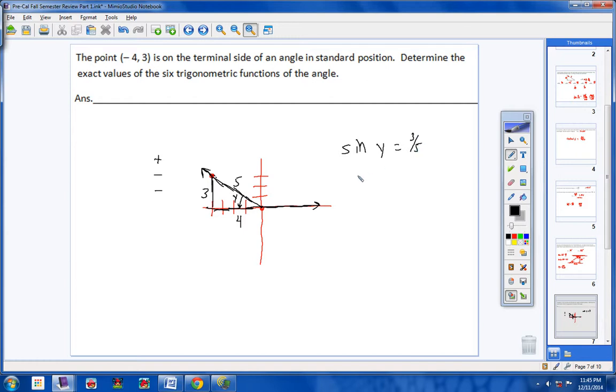The cosine of y would be adjacent over hypotenuse, and notice cosine's negative, so negative 4/5. And the tangent of y would be negative 3/4, because tangent is negative in quadrant number 2.